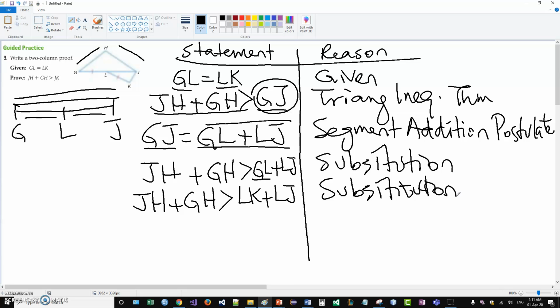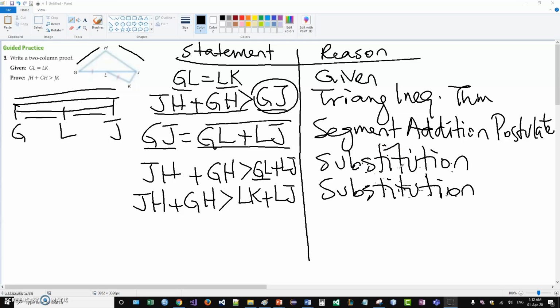Let me just write this in a neater way. Now, if we look at the small triangle, LK and LJ, the sum of these two sides is greater than the third side, which is JK.